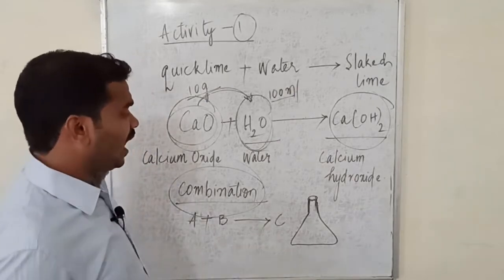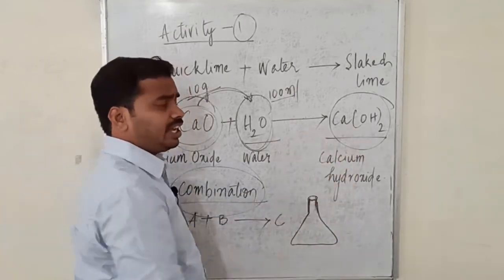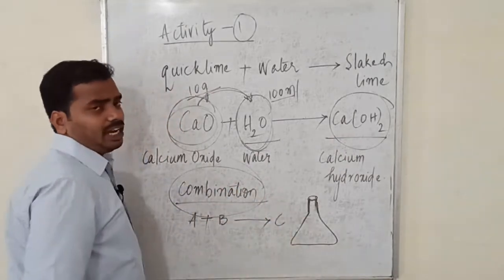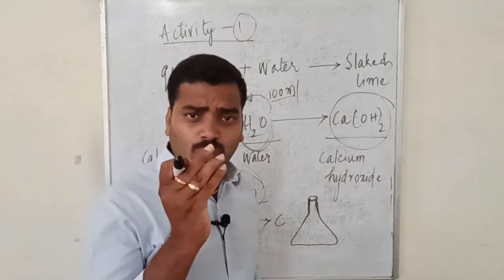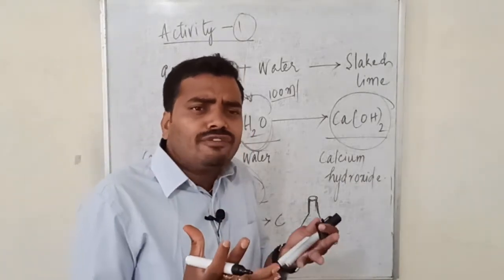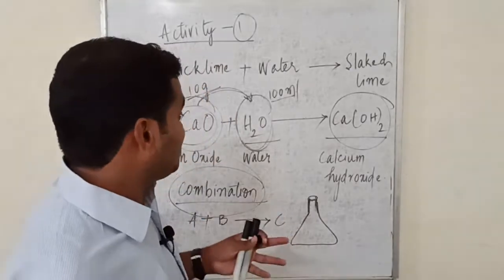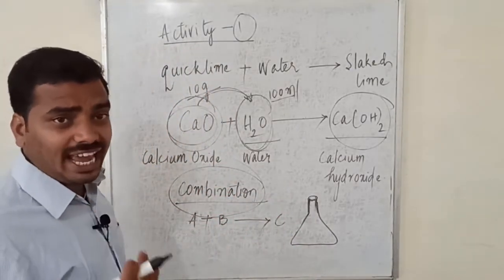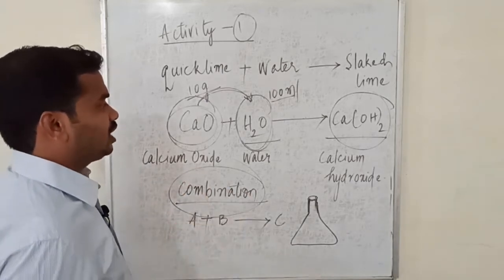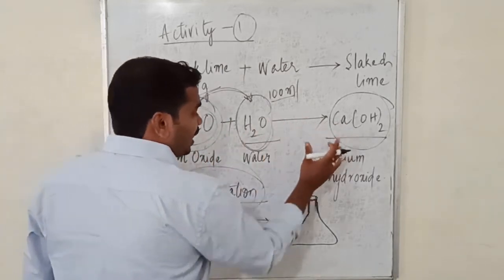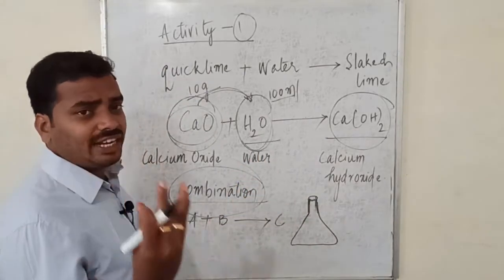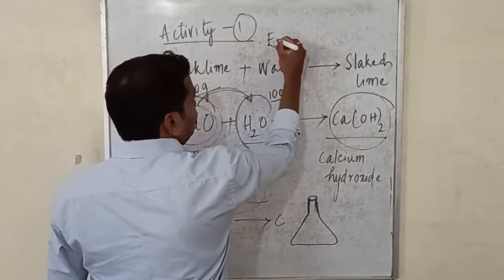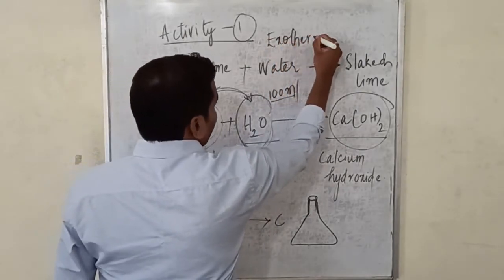In this conical flask, after carrying out this reaction, if you touch the beaker, you will experience some hotness. This is what is called an exothermic reaction. When a reaction liberates some kind of heat energy, then such reactions are called exothermic reactions.